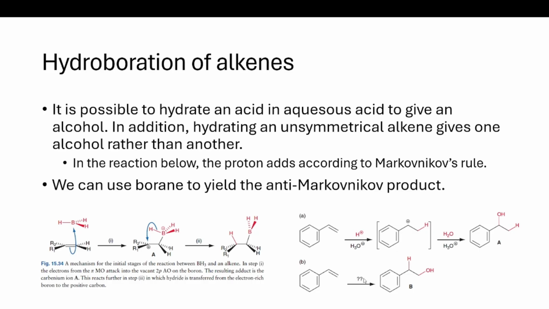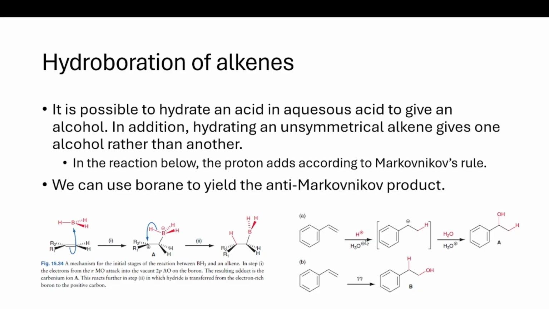You can see in this particular image that these alcohols are different from each other. Generally, by having this alkene in aqueous acid, we end up with something known as the Markovnikov product. For those who don't know, Markovnikov's rule can be summarized by this one saying: the rich get richer. And that's because donation of a group happens to the carbon that has the least hydrogens on it.